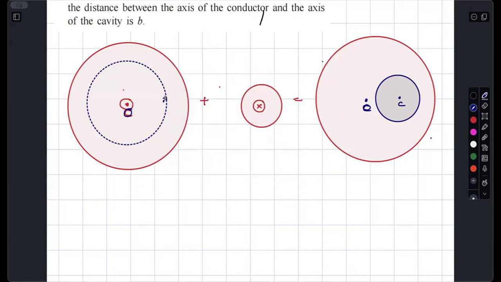Now at this point, outward, and you will have magnetic field like this, B, which is at a distance R. Current density J, pi R square.